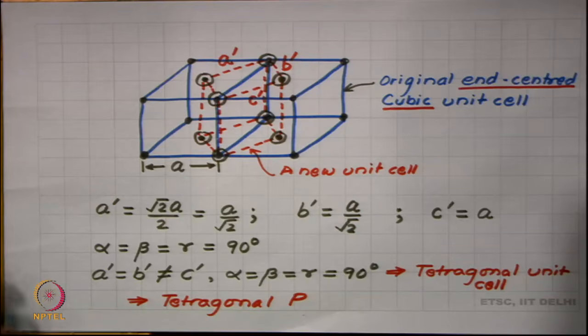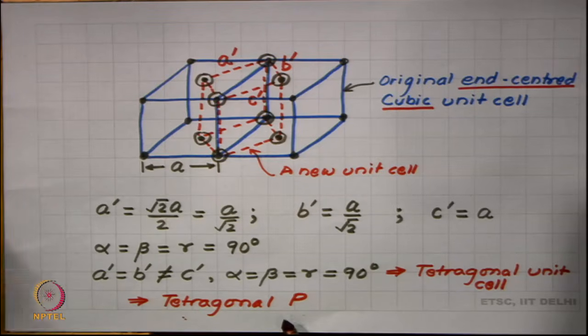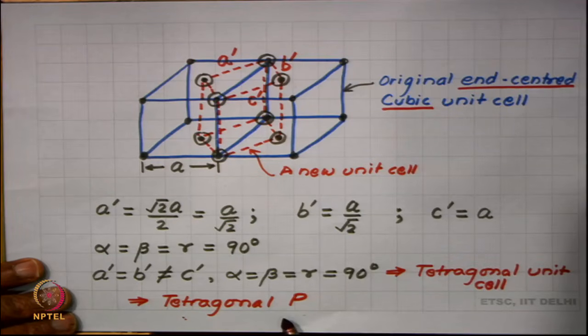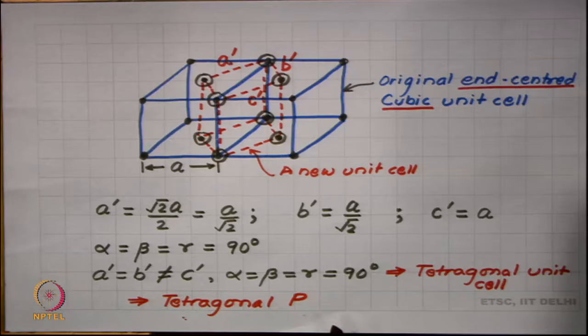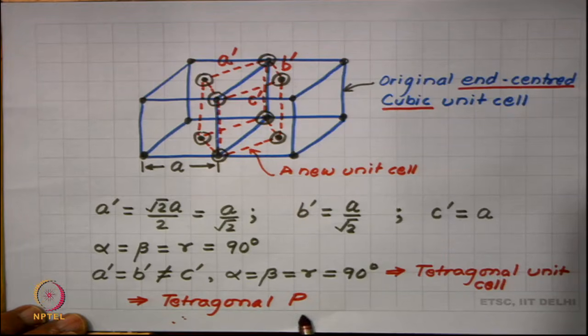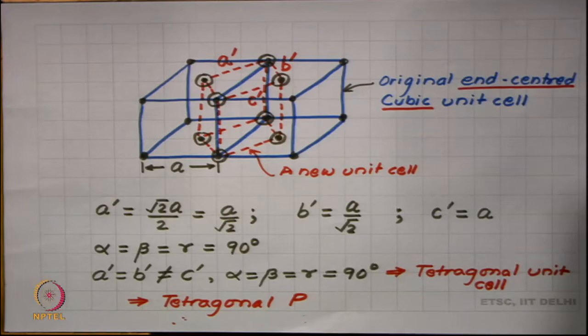Should we retain body centered cubic or should we call it tetragonal P? Bravais obviously does not have body centered cubic, but he has tetragonal P. So, we can justify that this lattice is already there as tetragonal P in the Bravais list. So, we do not need body centered cubic.